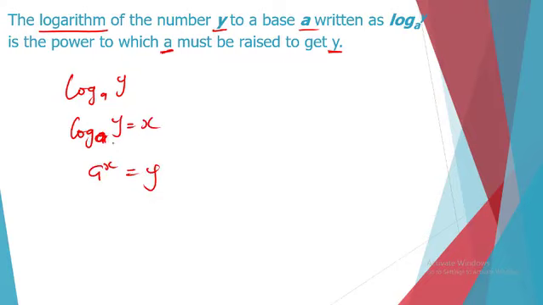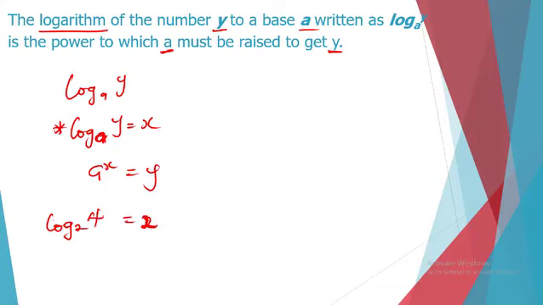Now if we have log y base a to be equal to x, it means that a must be raised to power x for us to get the value of y. So if we have, let's say, log 4 base 2, log 4 base 2 is simply 2. Do you know why?